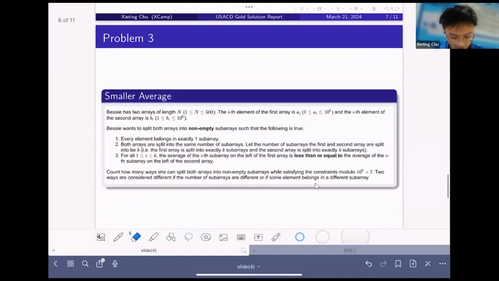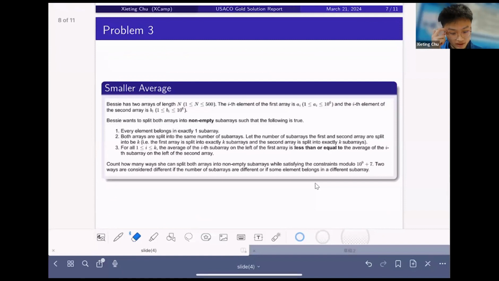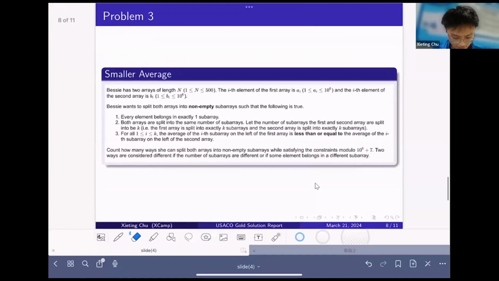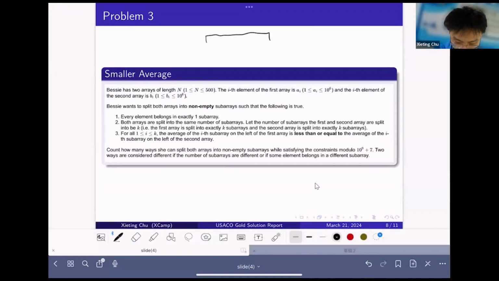Okay, and then is the third problem. So in this problem, you are given two arrays of length n.